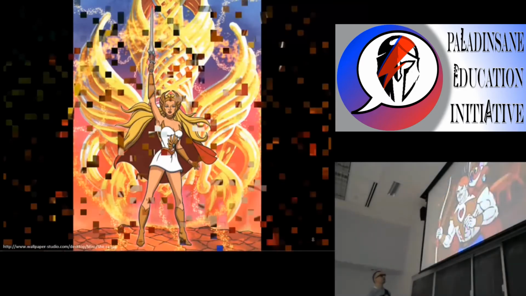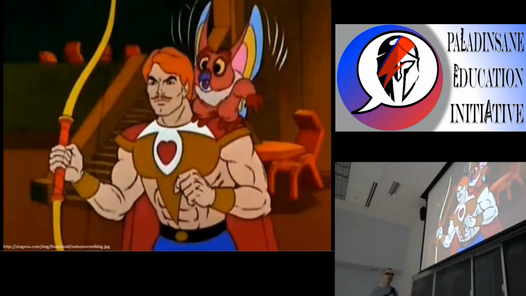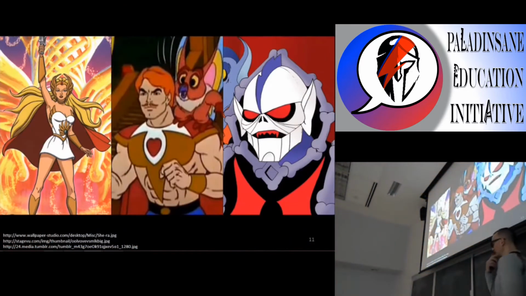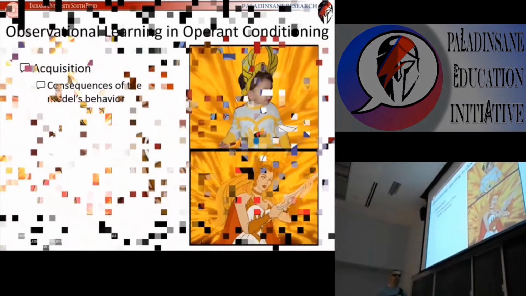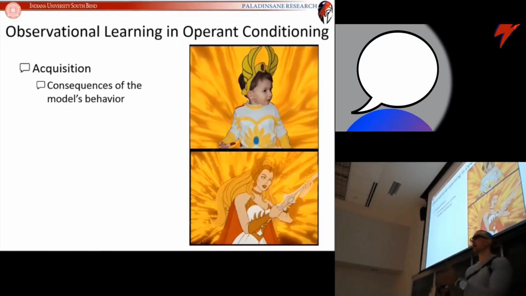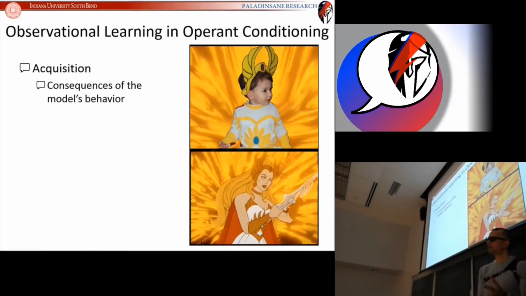She had the opportunity to observationally learn from Bo. She also had the opportunity to observationally learn from Hordak. Those three characters are definitely the most featured characters in that cartoon. However, she learned specifically from She-Ra. So why would that be the case? Well, it has to do with factors of acquisition and factors of performance.